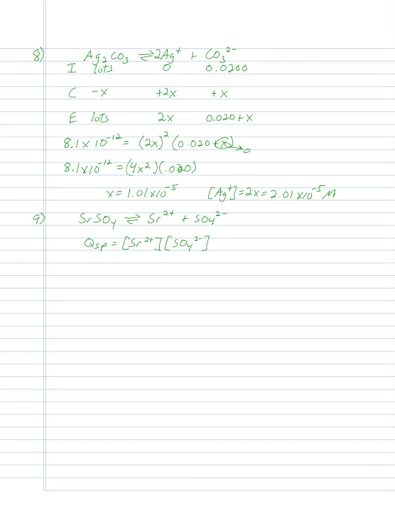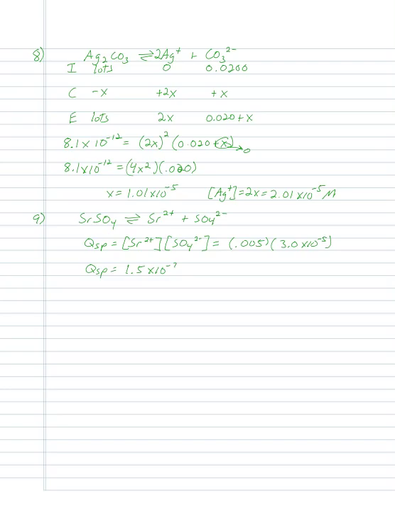So my QSP value here is going to be the concentration of strontium, which is 0.005, times the concentration of my sulfate, which is 3.0 times 10 to the minus 5. And when you work out that QSP value, you get 1.5 times 10 to the minus 7. Well, the KSP is 3.4 times 10 to the minus 7.